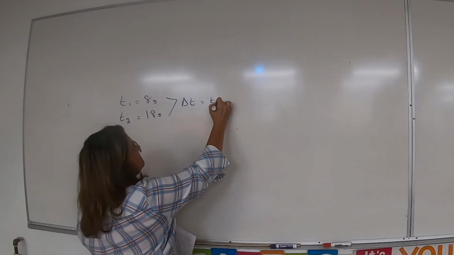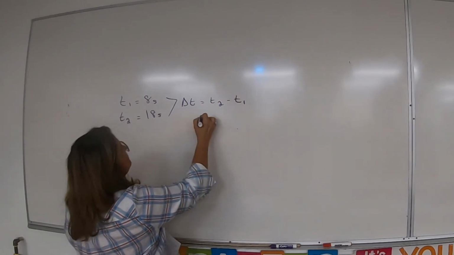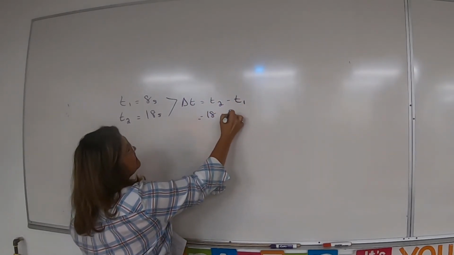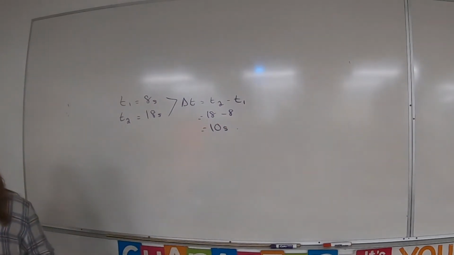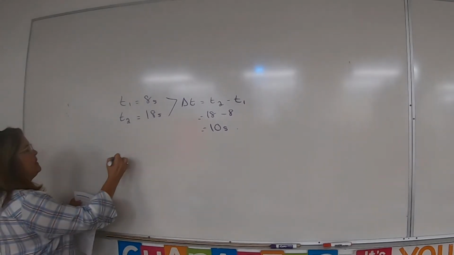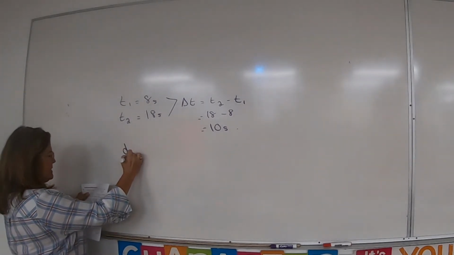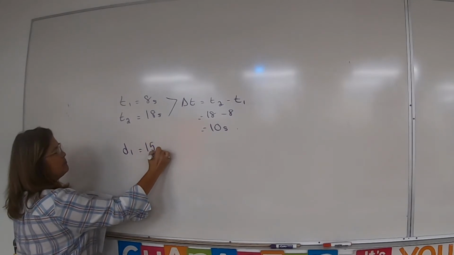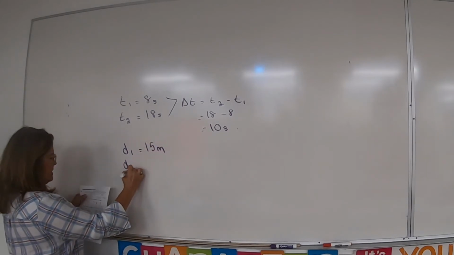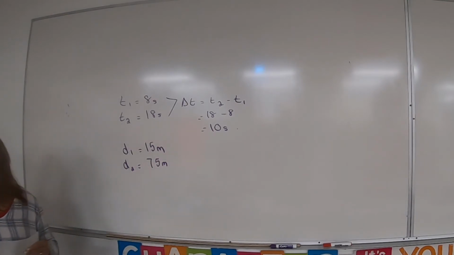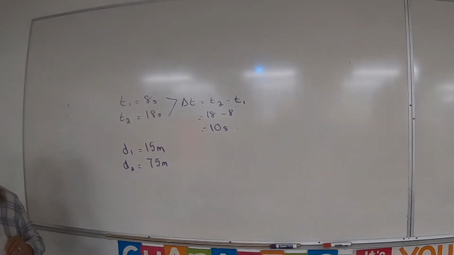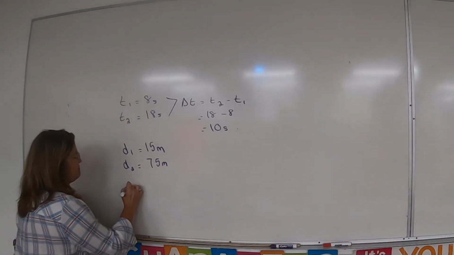It's always T2 minus T1, or 18 minus 8, or 10 seconds. So that's that much I know. The distance ran. Oh, well, distance. So my D1 is 15 meters, and my D2 is 75 meters.